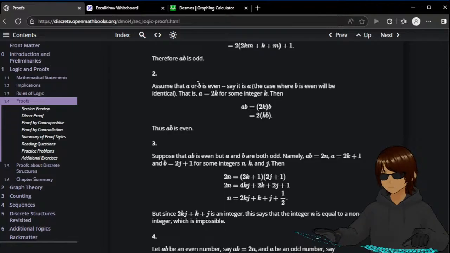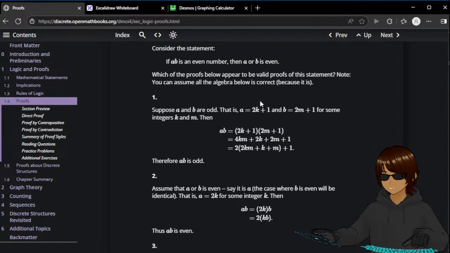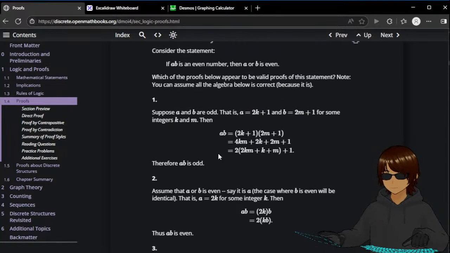Assume that A or B is even. Say it is A. I think this should be enough, right? Because the negation of this is that either A or B is even. Yeah, the contrapositive is: if A or B is even, then AB is even.